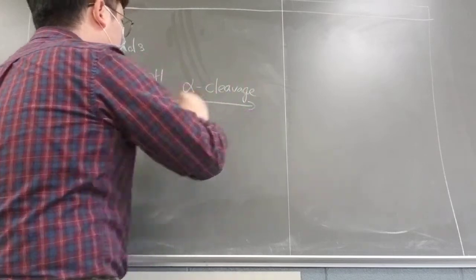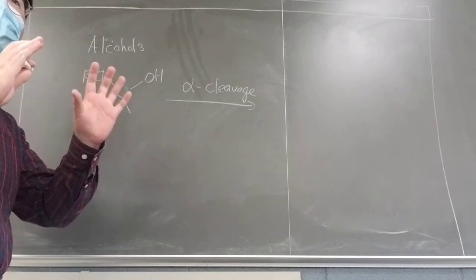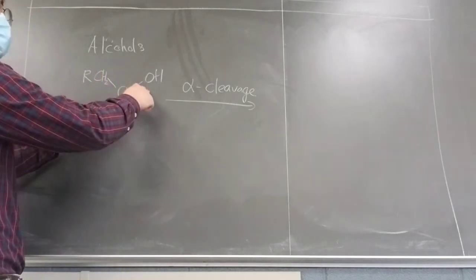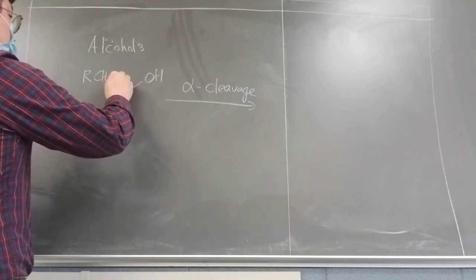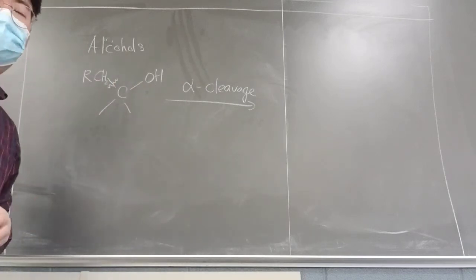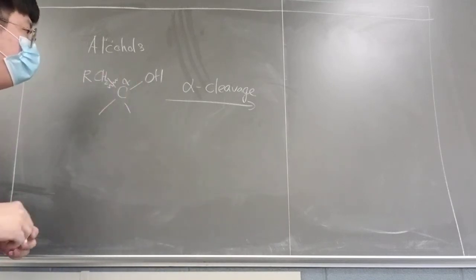Alpha cleavage means they're going to break the bonds nearby the functional group. The carbon close to the functional group breaks its bond to the neighboring carbons, which is why we call it the alpha carbon.